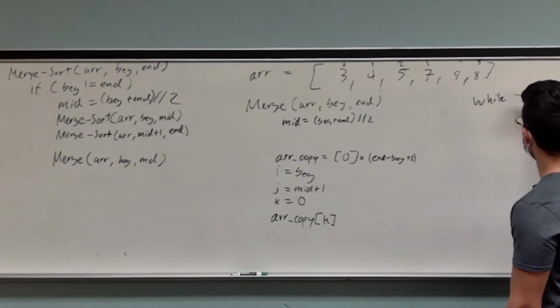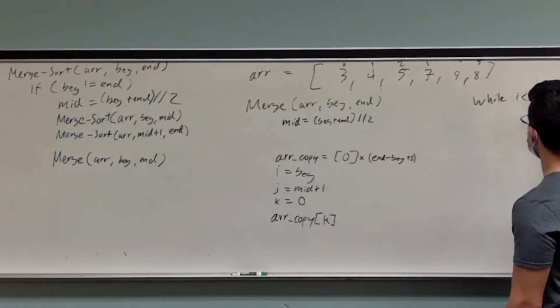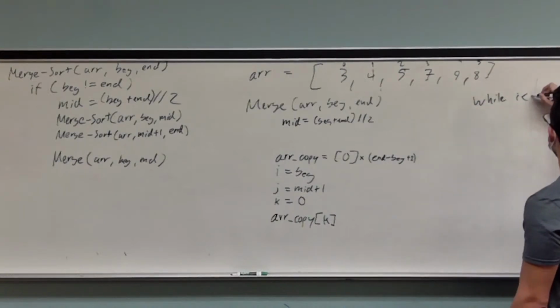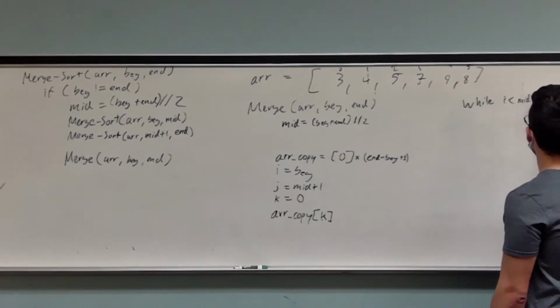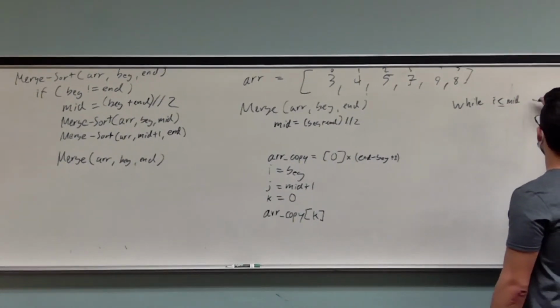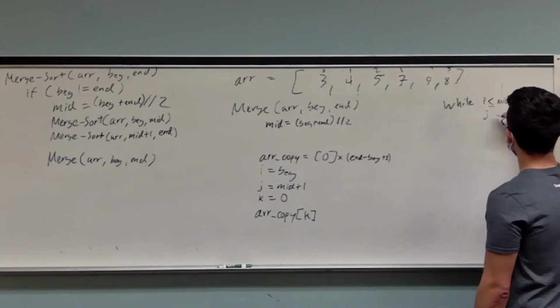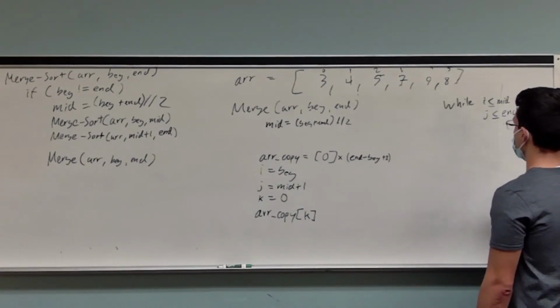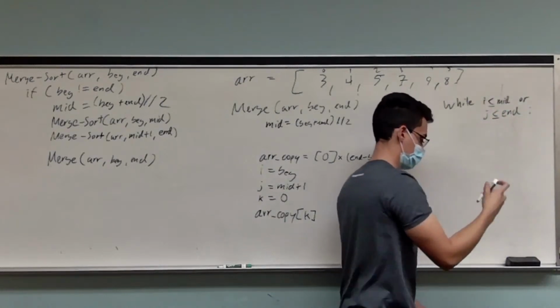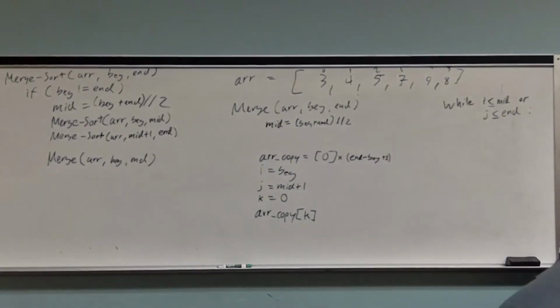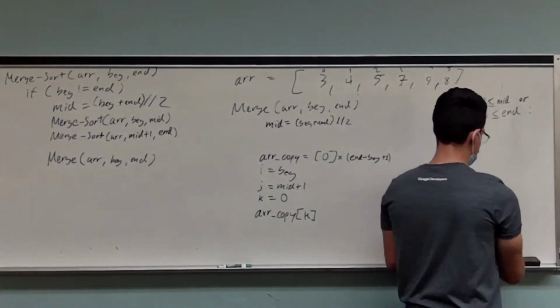So while I is less than or equal to mid, or j is less than or equal to end. Okay. So I, again, why? Okay.